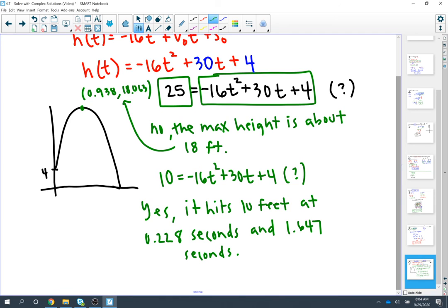Then on my graph, I could come up here and draw a line and put 10, and then right there, and right there. Again, it's always nice to have a picture to go with your answer, and that could be your explanation.